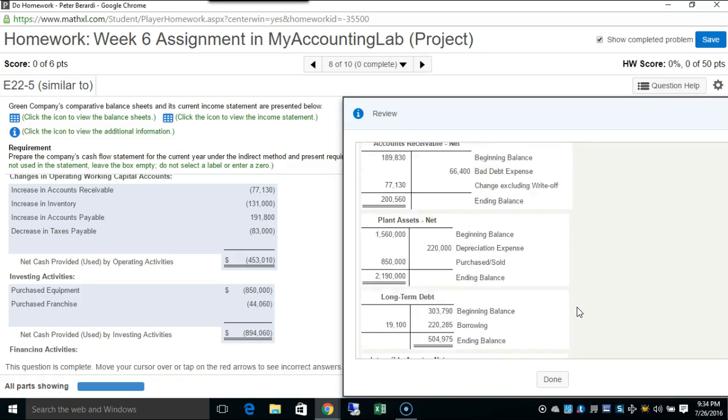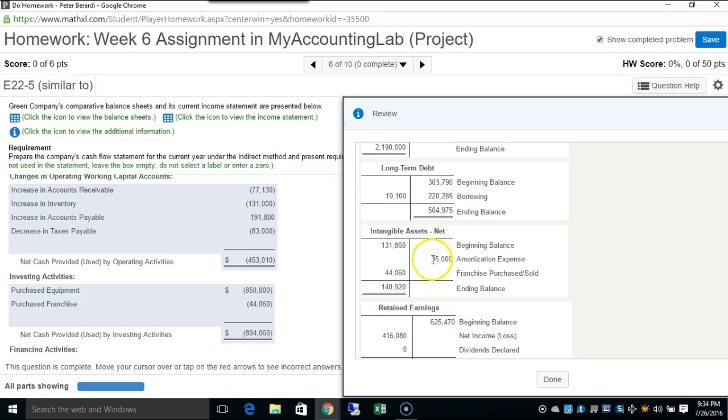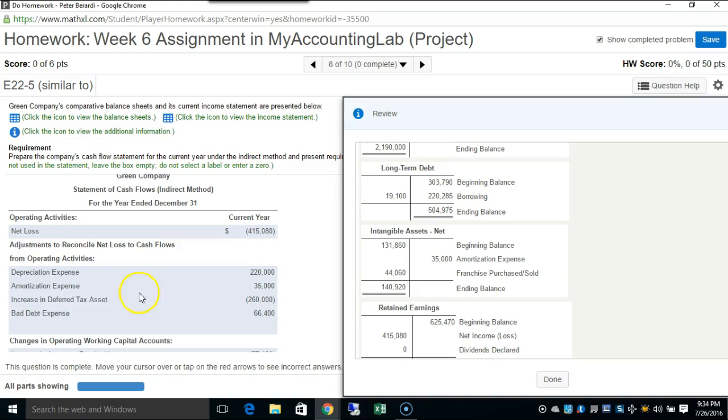We know we had amortization of $35,000, and that's taken right from your income statement or your cash flow statement. The amortization expense essentially is a credit to the intangible net asset as an accumulation of amortization.